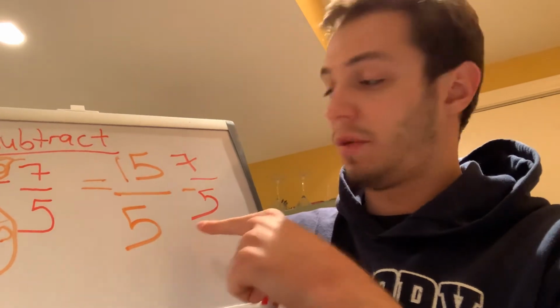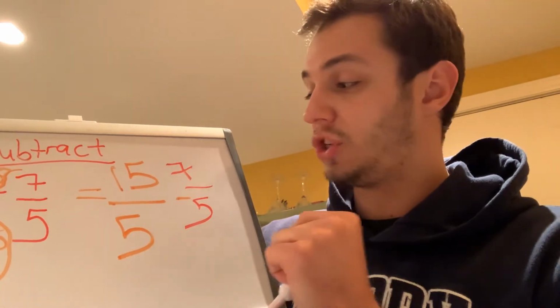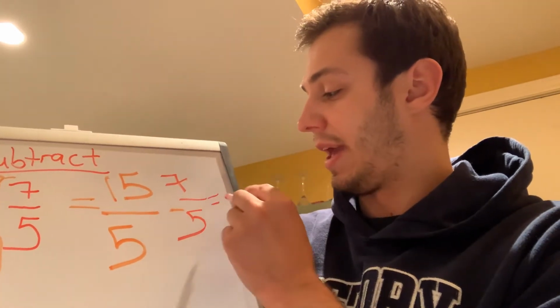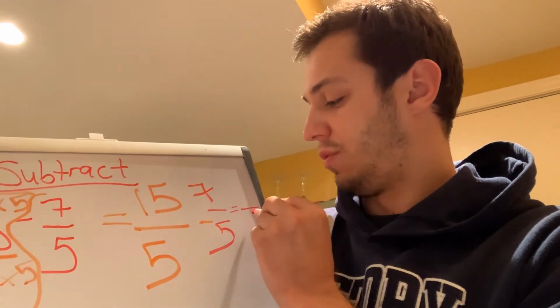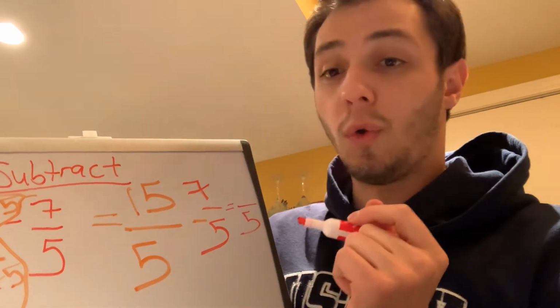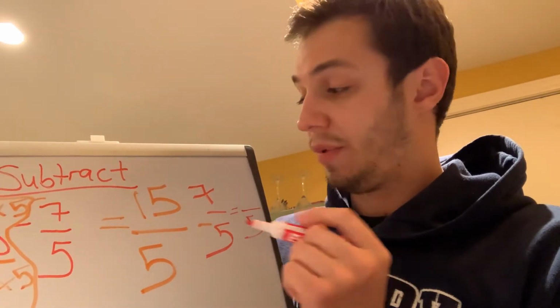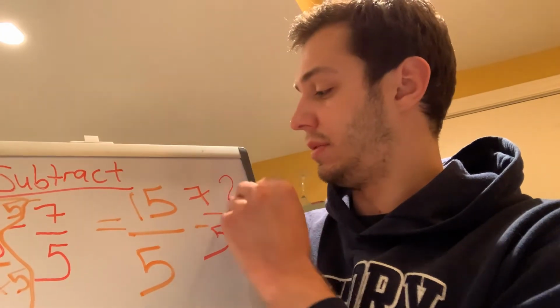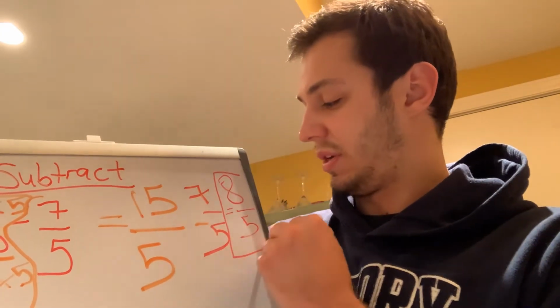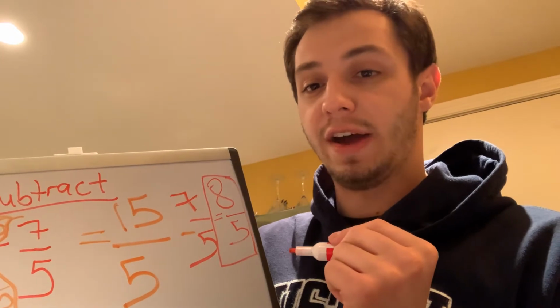Both of my bottom numbers are the same, which means I can subtract. In my answer, the bottom number will stay the same, so it will be 5. The only number that will change is the top number. So 15 minus 7 is 8. So my answer is 8 over 5.